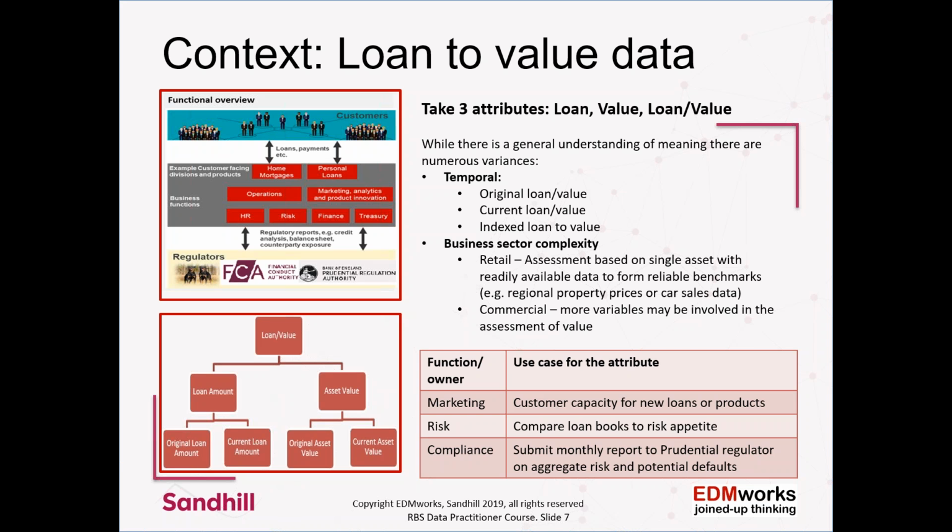Risk must have it, because they have to compare the loan either to the risk appetite that the bank currently has, or to a change of circumstances, because they've decided the world's going to be riskier and they need to make sure they issue new loans with lower loan to value.